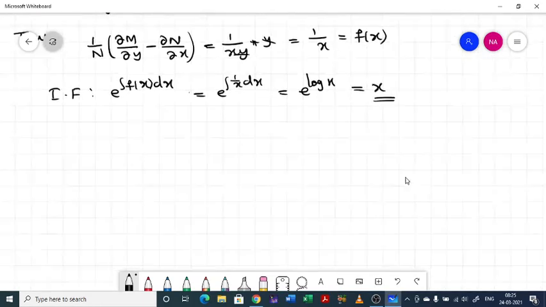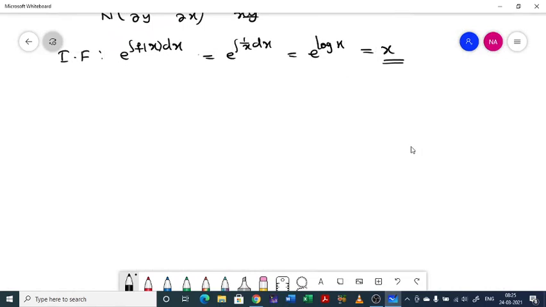So the integrating factor is x means N1 is 0, that should come to your mind. Thus M1 will be, multiplying the integrating factor to M, you will be getting x cube plus xy square plus x square, and N1 will be x square y.